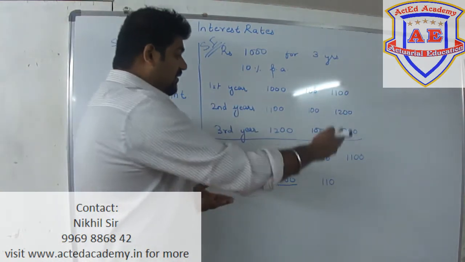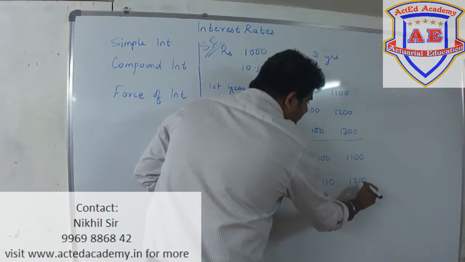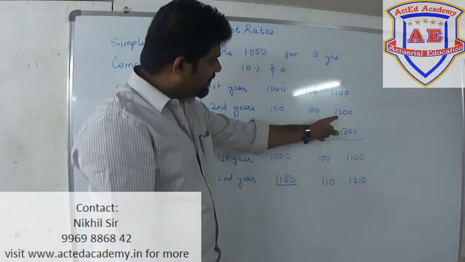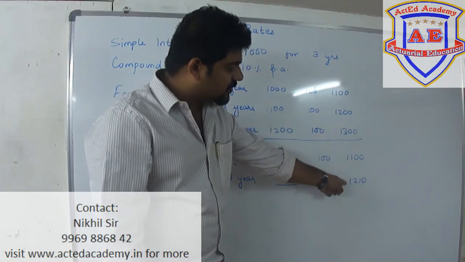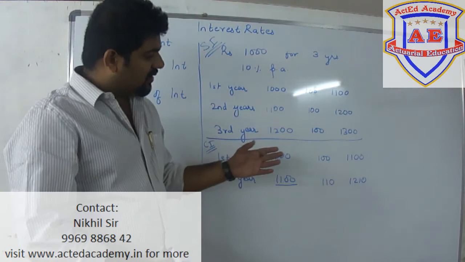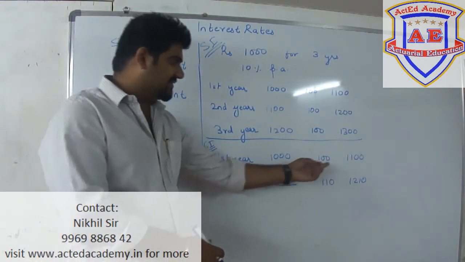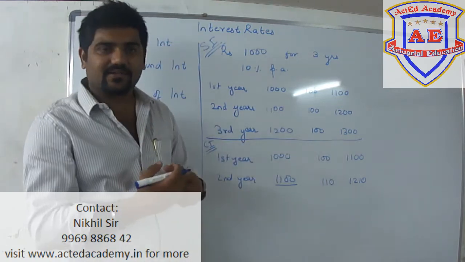Now what is my accumulated amount going to be? It will become 1,210. Notice the difference, 1,200 and 1,210 over here. Understand the difference. Why? Because the interest that I earned, see, 100 rupees is the earned interest.